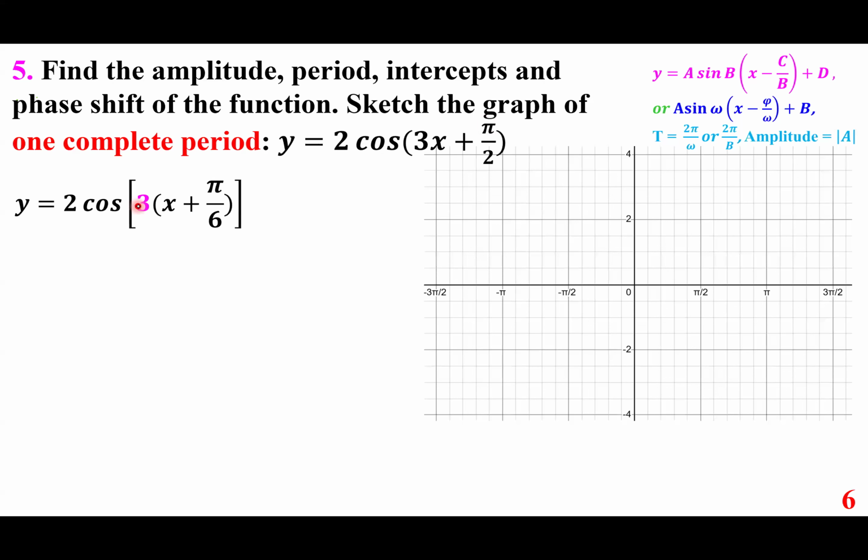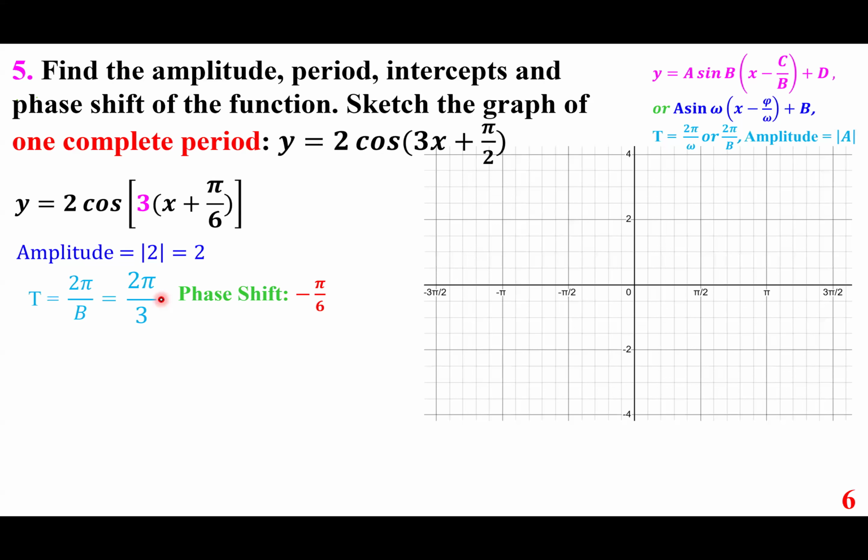So what is the amplitude? 2. So the absolute value of 2. What is T? 2 pi over omega or 2 pi over b? 2 pi over 3. What is the phase shift? Minus pi over 6, according to this, right? So we're going to cut the period, okay, into 4 equal parts.